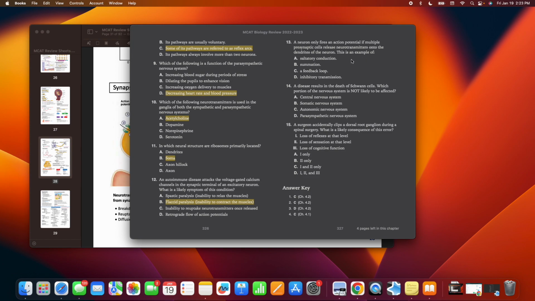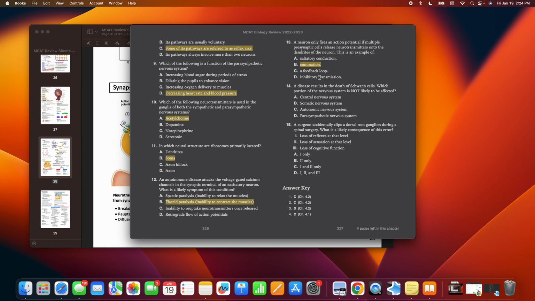So if you have multiple neurotransmitters, it's a spatial summation, not a temporal one, because in temporal the timing is different, but the spatial is like multiple presynaptic ones. The other options are about the myelin sheaths and the nodes of Ranvier, feedback loop, inhibitory transmission.